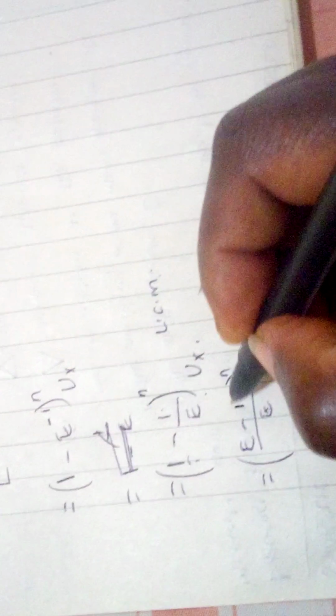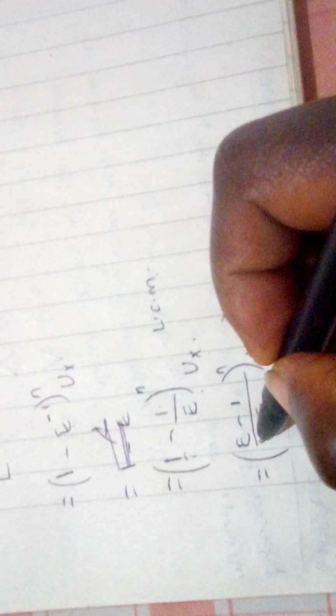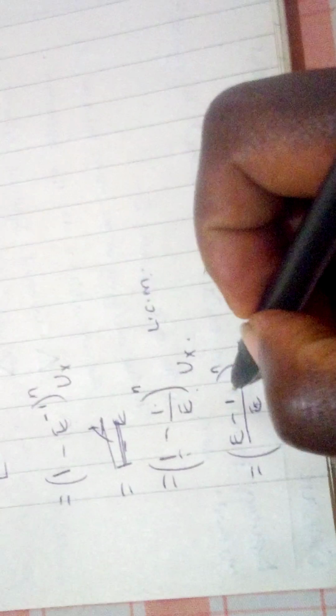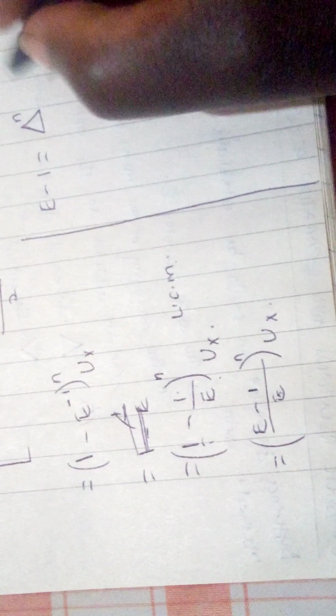When we were learning about symbolic relations and separation of symbols, we said that E minus 1 is equal to the forward difference operator. Have we remembered about that?